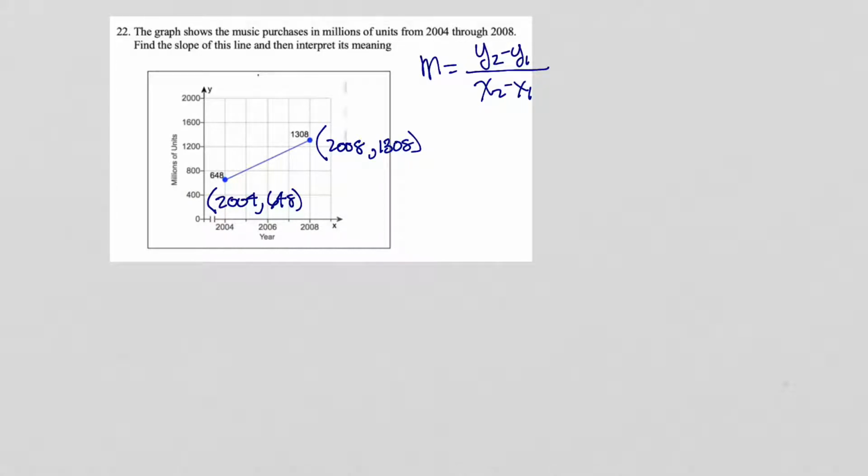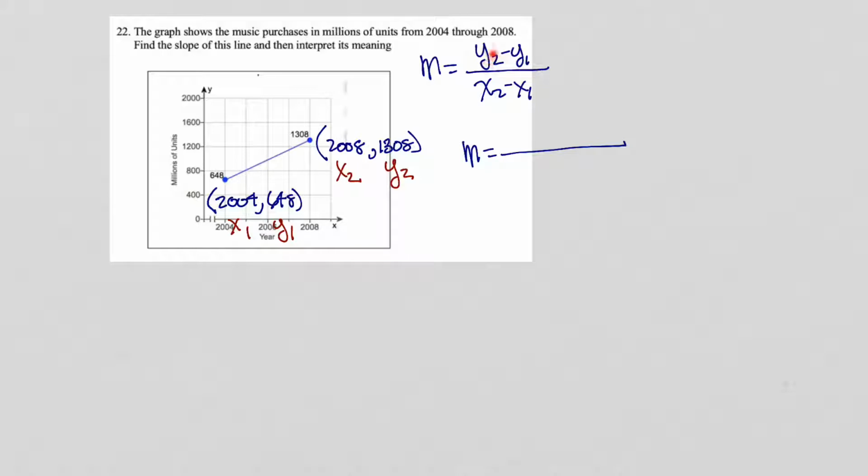Here's x1, here's y1. Makes sense? As I look left to right, the first x I see is 2004, the first y I see is 648. Then, as I keep looking left to right, the second x I see is 2008, and the second y I see is 1308.